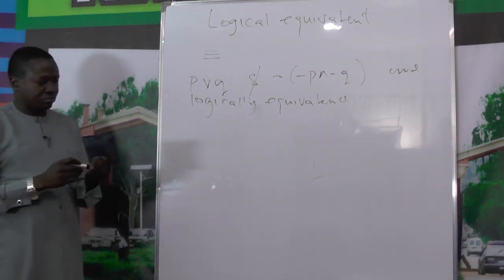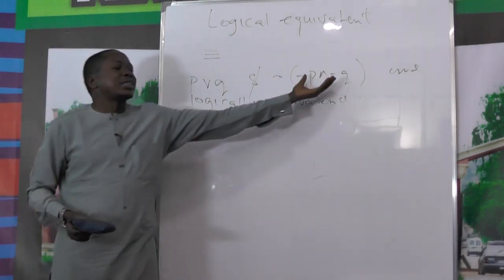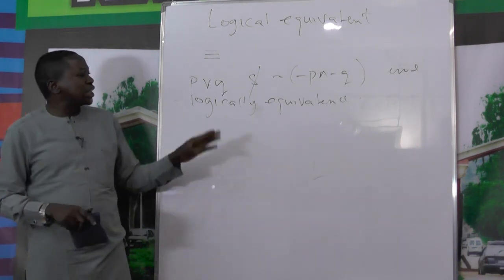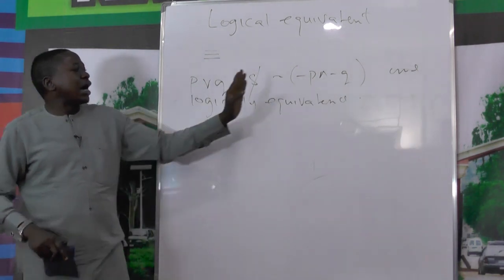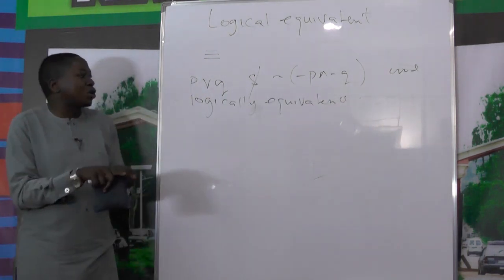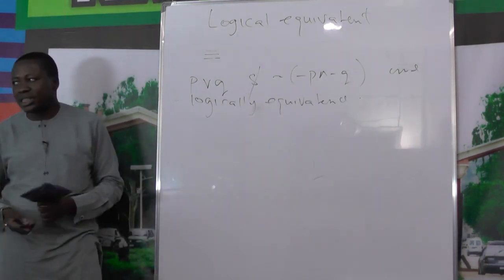This is the target. It means anything we get here must be what we get here. Otherwise, they are not logically equivalent. But if what we get here at the end and what we get here at the end of the table are the same, we can now conclude that this statement and this statement are logically equivalent.